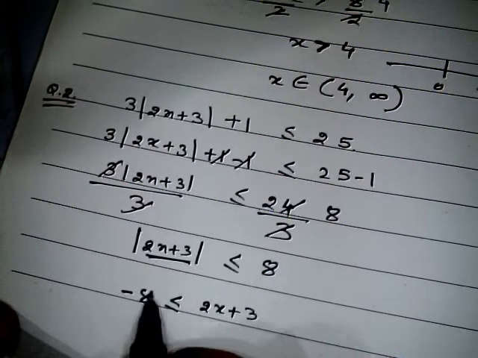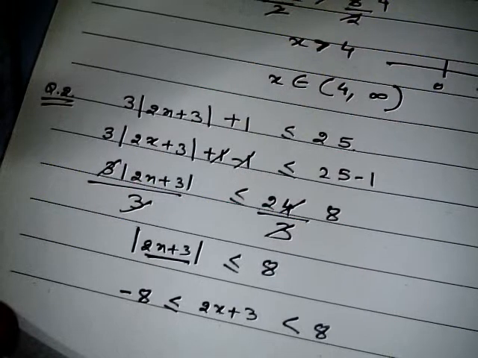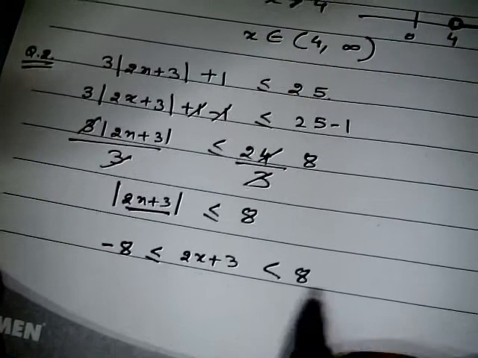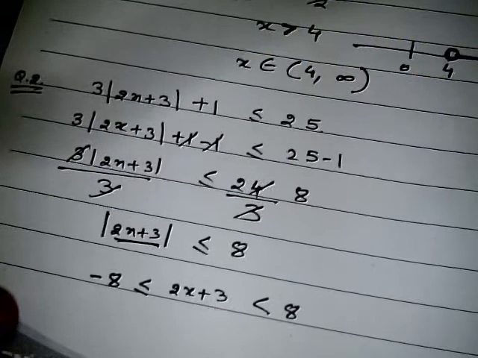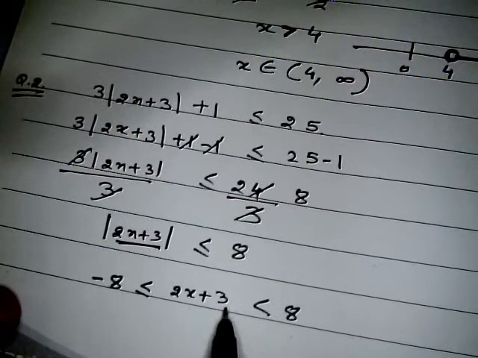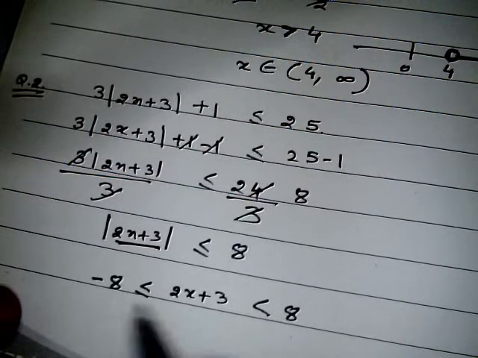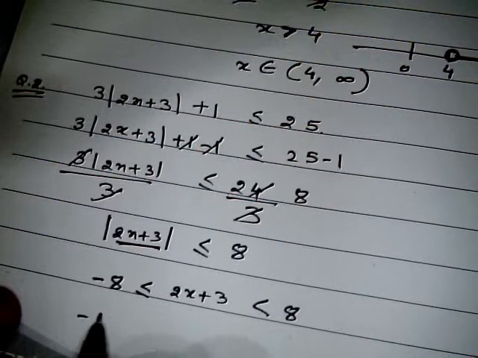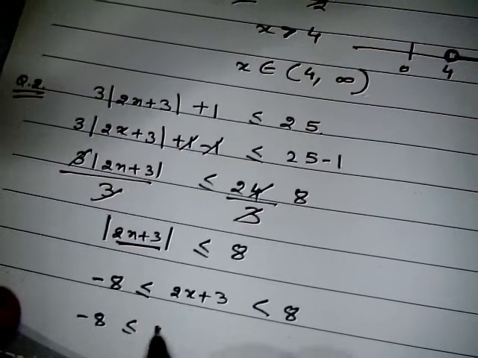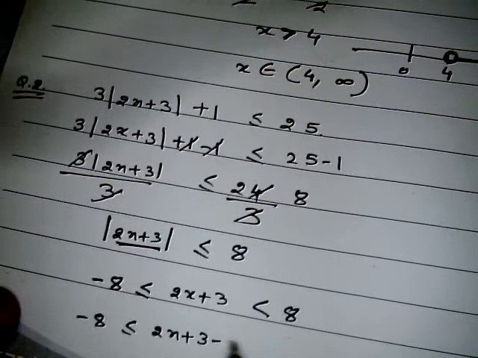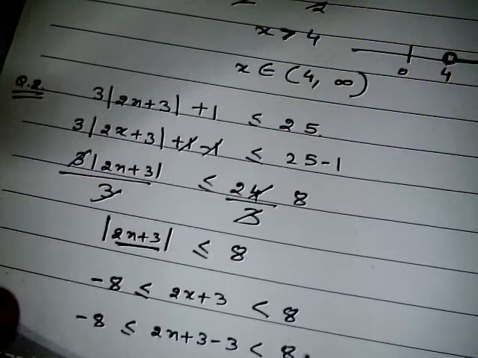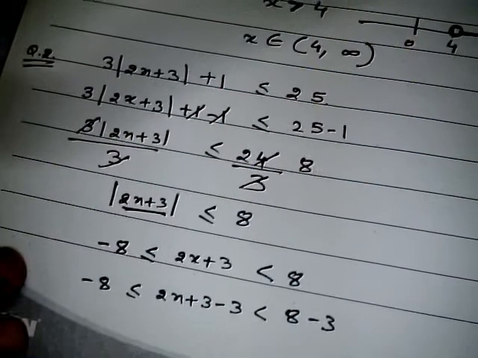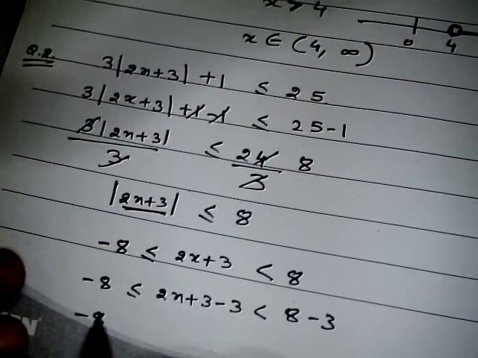Now I need to solve this compound inequality. To do that, I need to remove this 3, because I need to find the range for x. So for 2x plus 3, I am going to subtract 3 from the whole inequality.